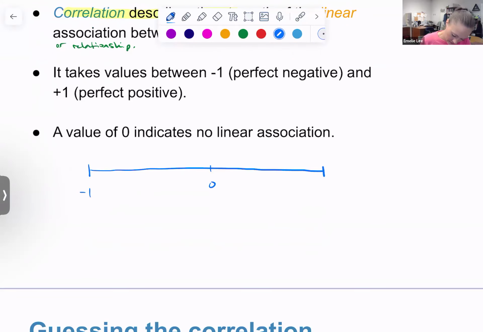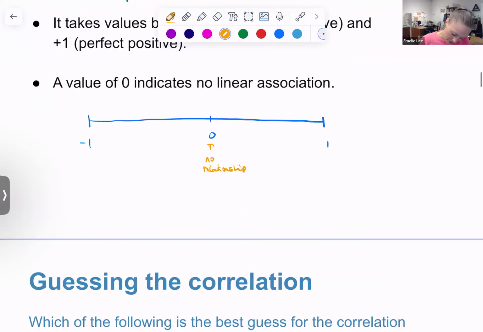So here, from -1 to +1, we're going to have no relationship, which looks like just a cloud.